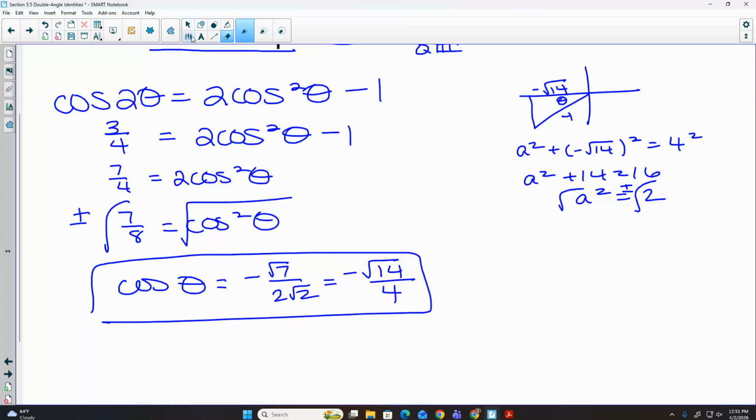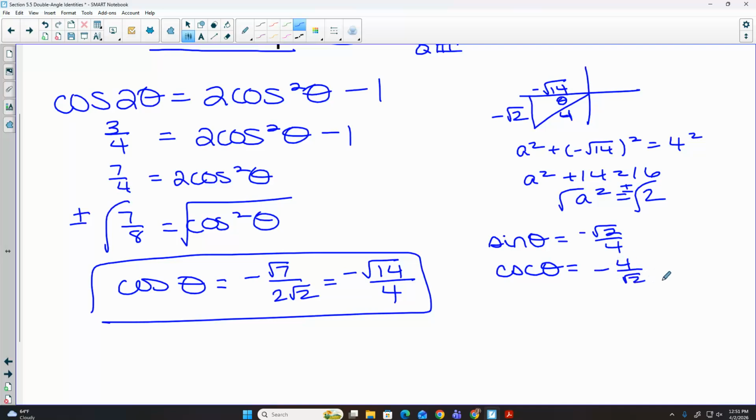Negative. Are you guys all with me there? So now can you tell me what sine of theta would be? Opposite over hypotenuse. Reciprocal of sine, cosecant, you just flip that. Multiply square root of 2 on top and bottom.